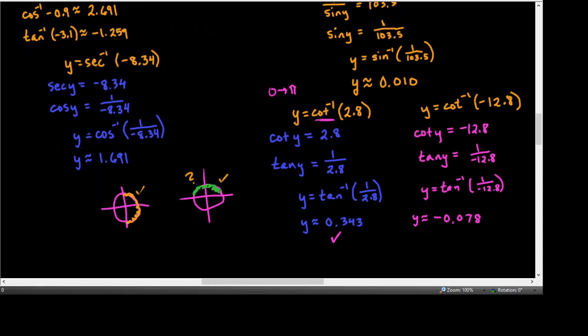Now, the original problem here was cotangent inverse, and it only gives us answers between 0 and pi, right? Well, here's the problem. If you're taking the cotangent inverse of a negative number, you're not going to get back the correct answer. That's kind of sad.